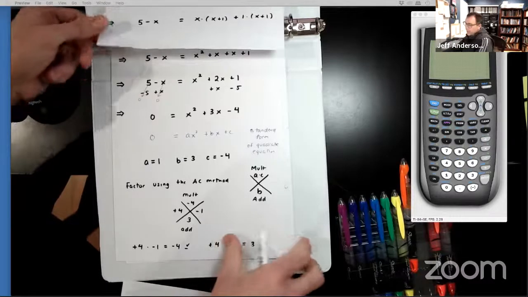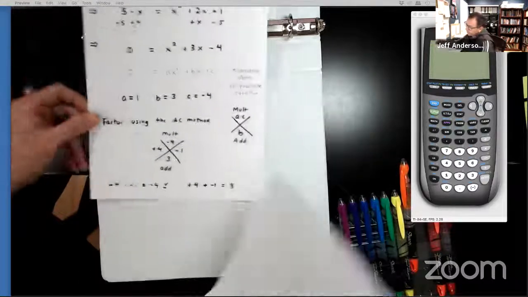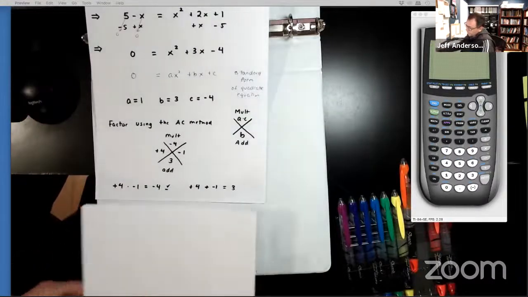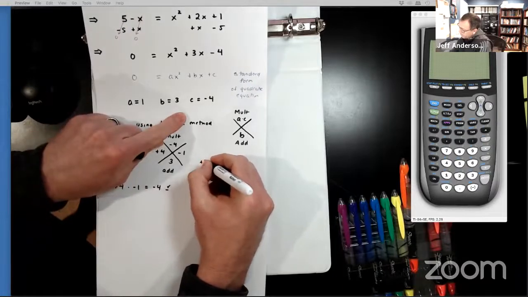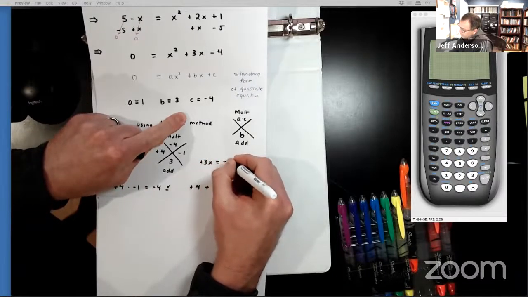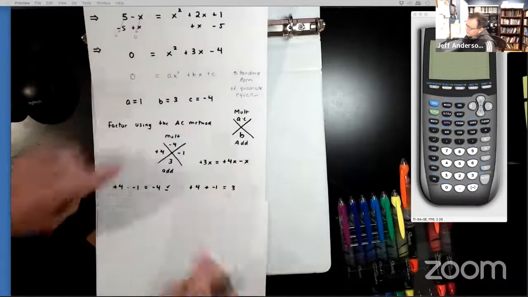So the reason that this is really interesting is now I have just found out that +3x I can write as +4x minus x.